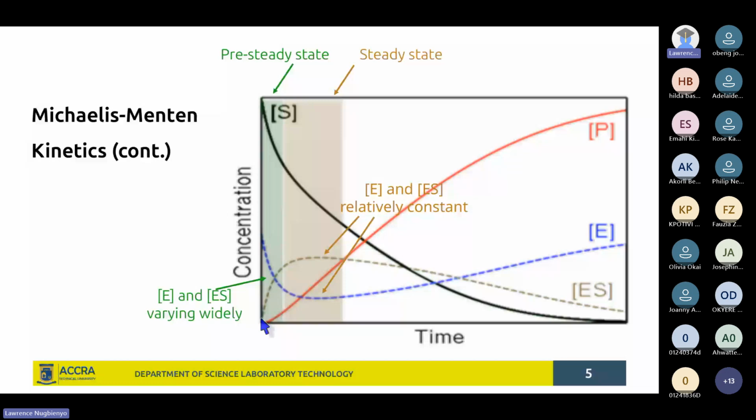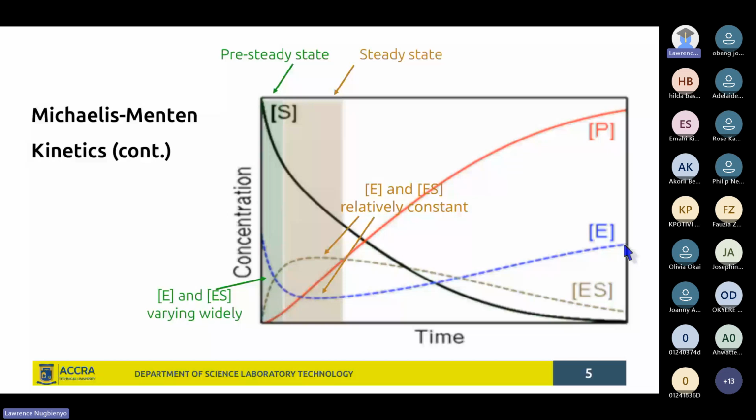So from the beginning, there's no product. But once the reaction begins, product is beginning to form. And so the concentration of the product in the solution begins to increase steadily all the way up. And so you see that you now have product at the end of the reaction, from the enzymes that have acted on the substrate.